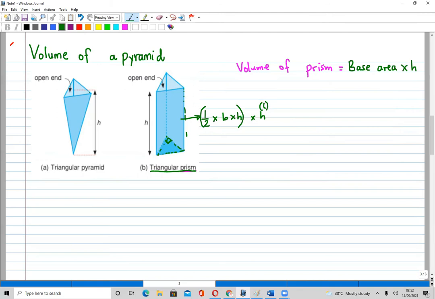Now, if you get a triangular pyramid like this one in A and a triangular prism like this one in B, you make sure that the base is equal. Both bases are of the same size and the same shape. Then the height of the triangular pyramid, you make it equal to the height of the triangular prism.